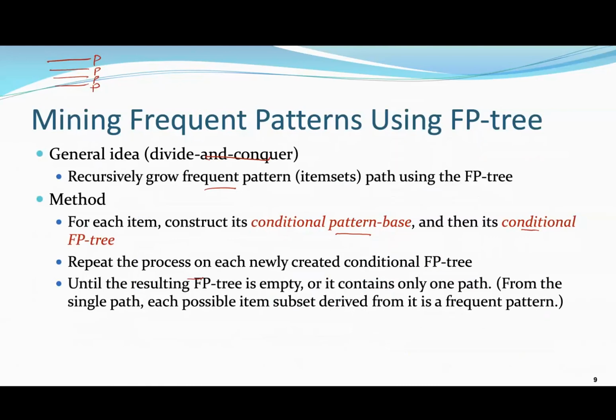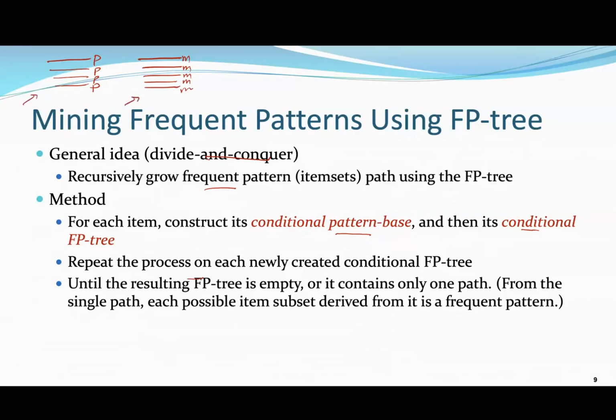Another task is to find all the frequent patterns that end with an M. So our task is to find all the frequent patterns, but let us divide it into smaller tasks. One smaller task is to find all the frequent patterns that end with a P.